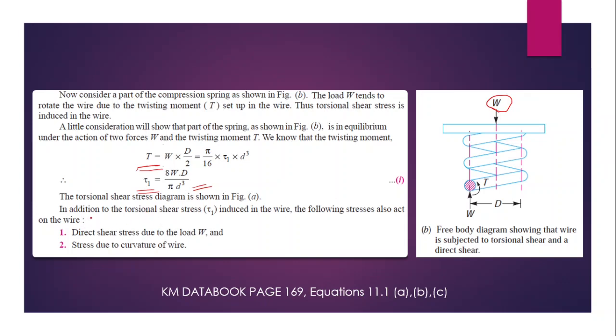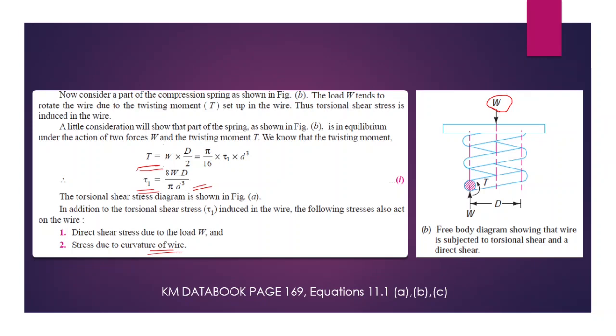In addition to the torsional shear stress induced in the wire, the following stresses also act on the wire. First one, direct shear stress due to W, and second one, stress due to curvature of the wire.